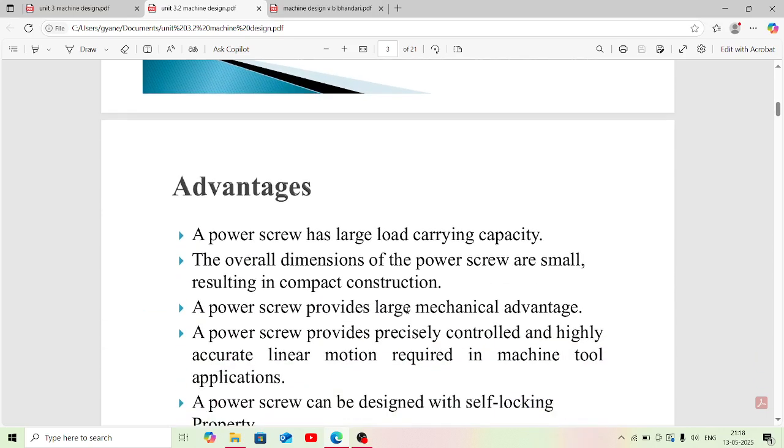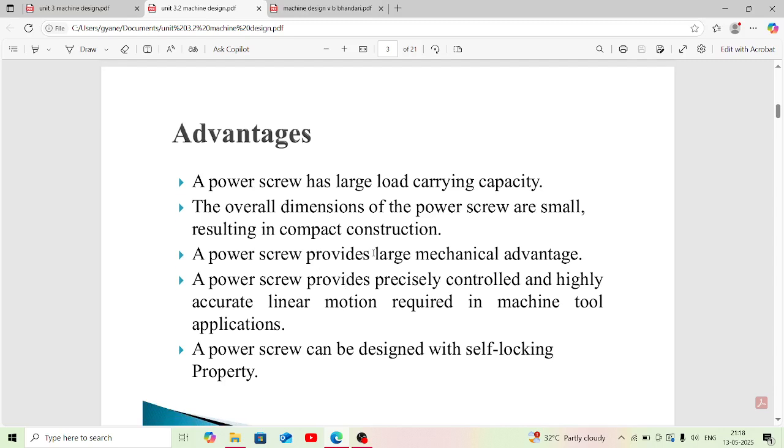There are some advantages. A power screw has a large load carrying capacity. The overall dimensions of the power screw are small, resulting in compact construction. Construction is compact, load carrying capacity is large, and it provides a large mechanical advantage.